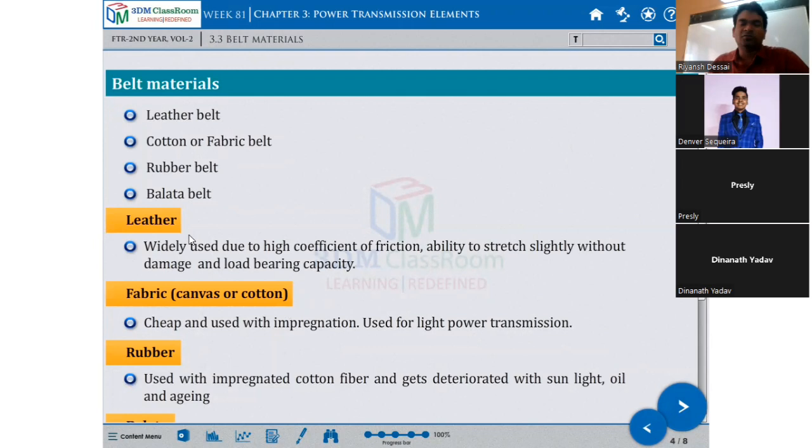Fabric, canvas or cotton belts are mostly black in color. They are cheap and used with impregnation, for light power transfer.